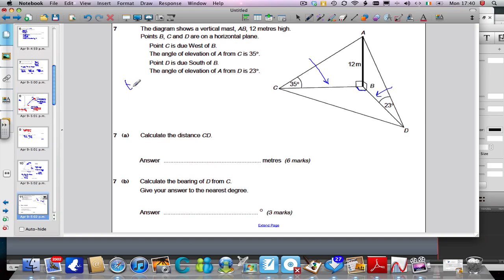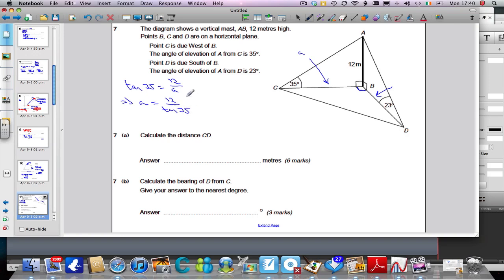So I know that tan of 35 is equal to the opposite over the adjacent, which I'm going to call a, small a. So that means a must be equal to 12 over tan of 35.